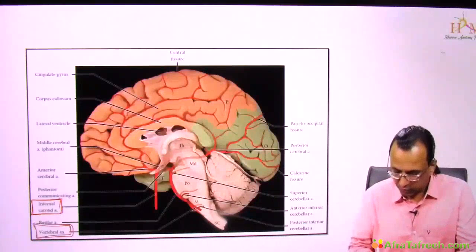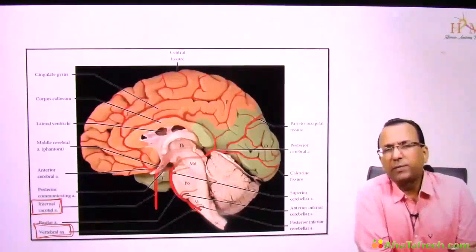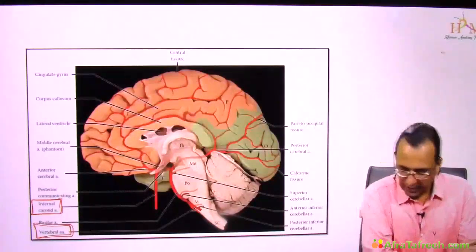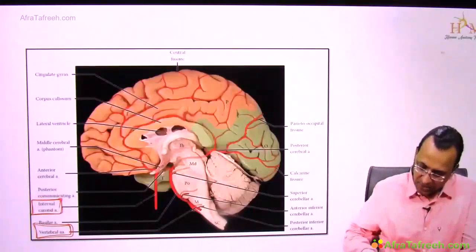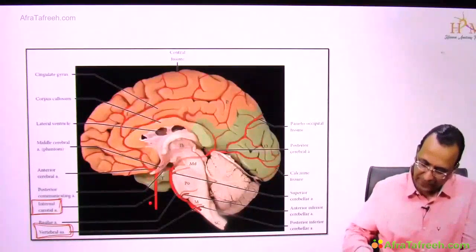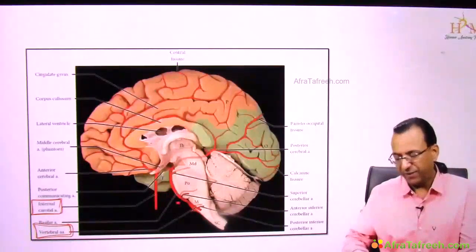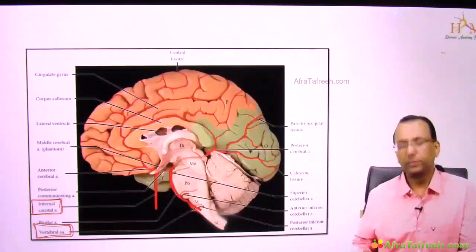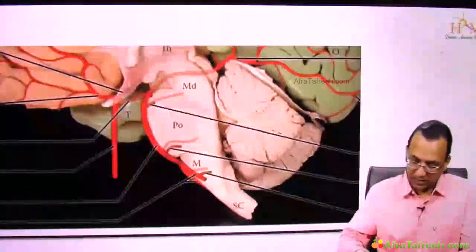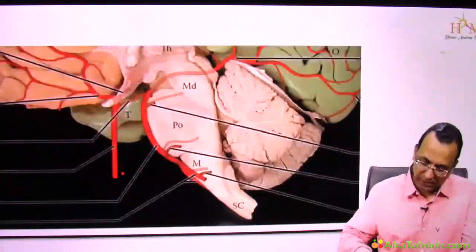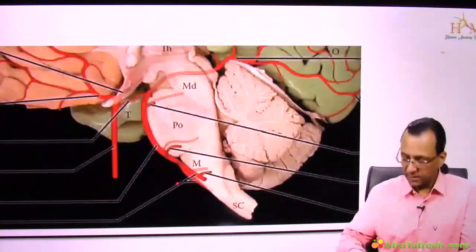Let me magnify the diagram and then show. You see here, this is the anterior, which is the internal carotid artery, and this is the posterior.